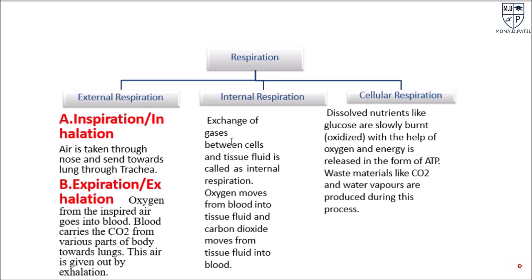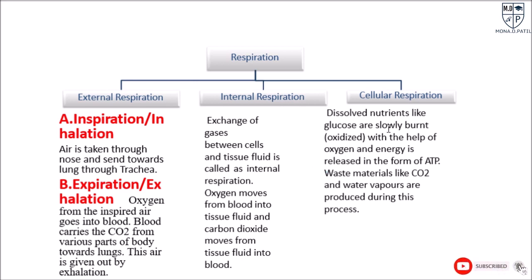Then internal respiration: the exchange of gases between cells and tissue fluid is called internal respiration. In this, oxygen moves from blood into the tissue fluid and carbon dioxide, which is the waste material, moves from tissue fluid into blood. Next is cellular respiration.